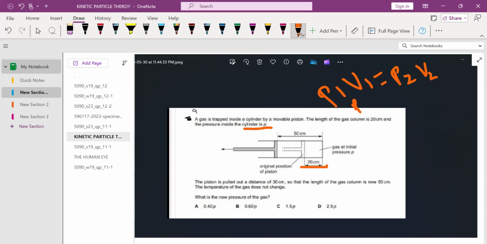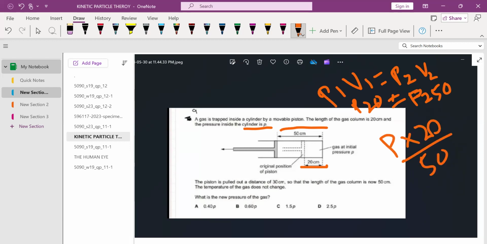The initial length is the initial volume, equals P2. You need to find the P2, the new pressure, times V2. So this V2 would be 50, the new length or the new volume. So P into 20 divided by 50 equals P2. 0, 0 cancel. So we got 2 divided by 5 P equals P2, or the final pressure or the new pressure of the gas.